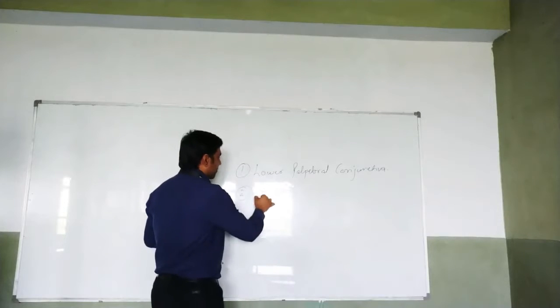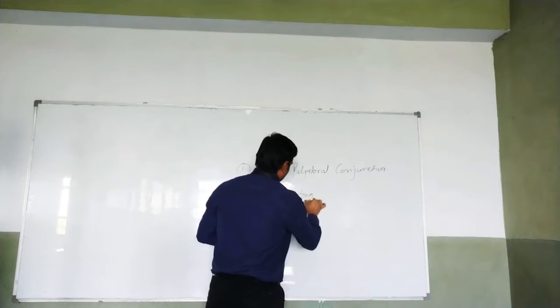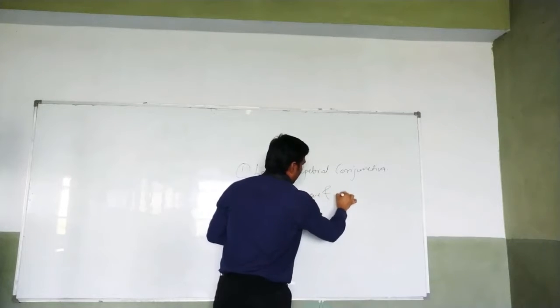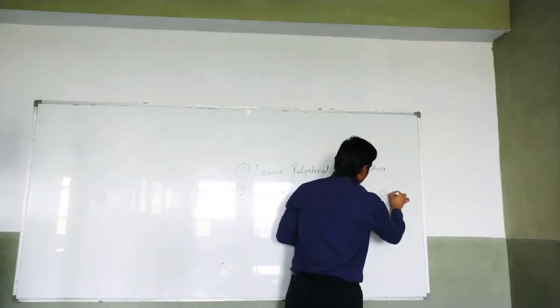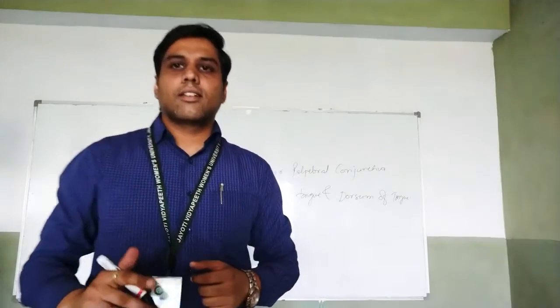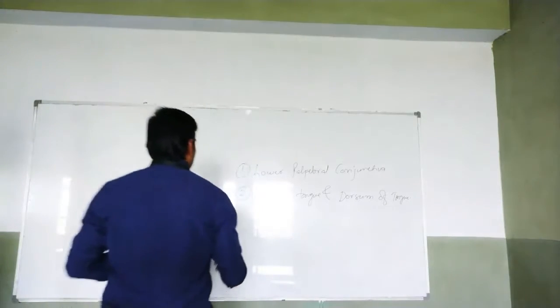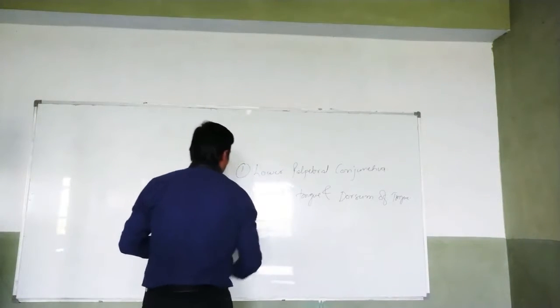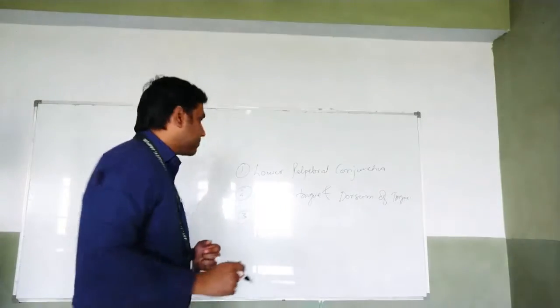tip of tongue and dorsum of tongue. So second is tip of tongue and dorsum of tongue. Third part is soft palate.